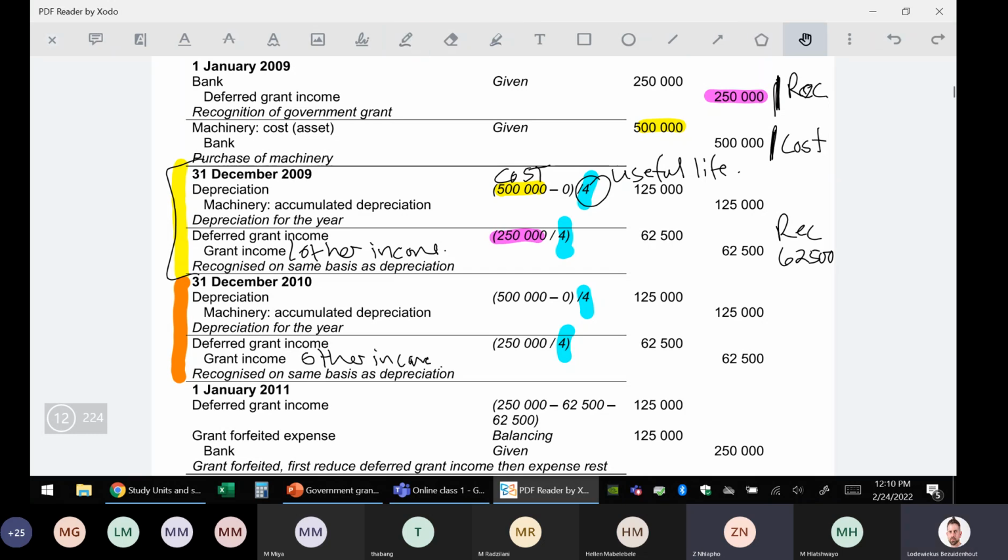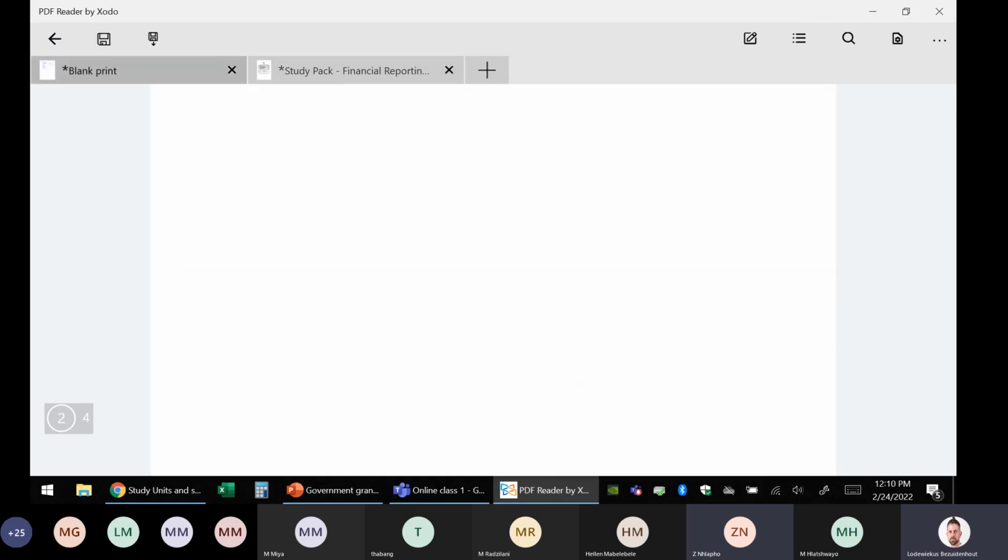All right, remember, number A, we are saying we do not deduct the cost of the grants from the cost of the asset. We just depreciated cost divided by 4 years, and the grant will be recognized 250,000 over 4 years. So what do we have on our T accounts for this one?